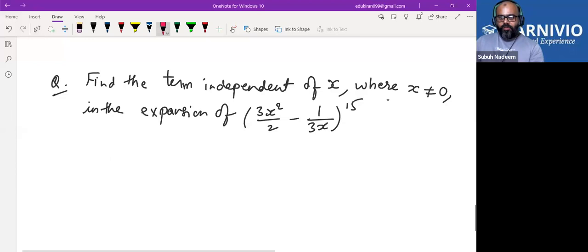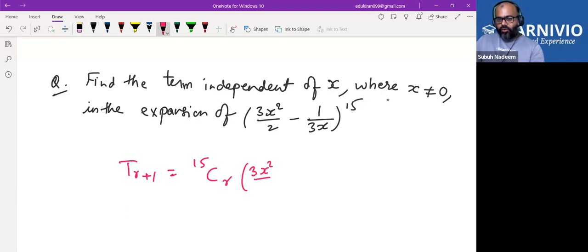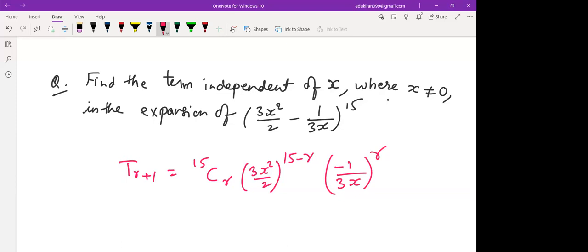So if you want to write the general term, it will be 15C r, 3x square by 2 to the power 15 minus r, minus 1 by 3x to the power r. Can we write it like this? Yes, sir. Okay.